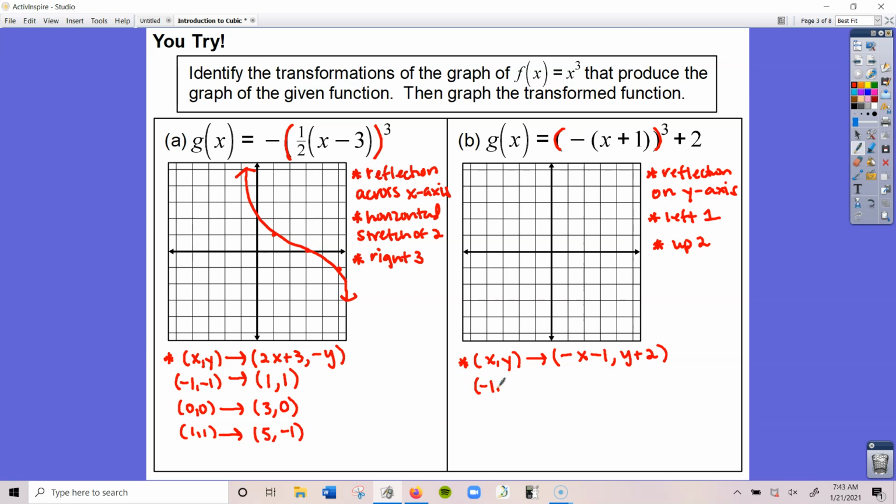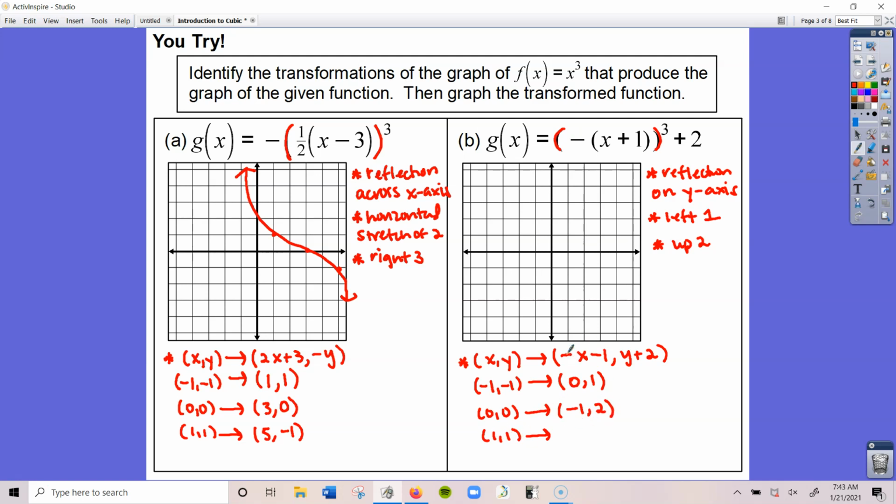So now we have our reference points. And we plug in those numbers. -1 makes it a plus 1, minus 1, 0. And -1 for the y, -1 plus 2 is 1. When I plug in 0, 0 minus 1 is -1, and 0 plus 2 is 2.